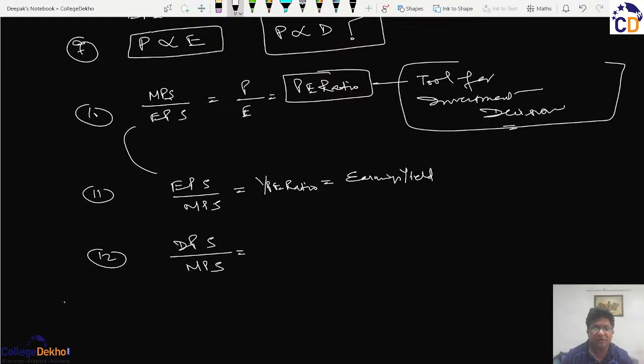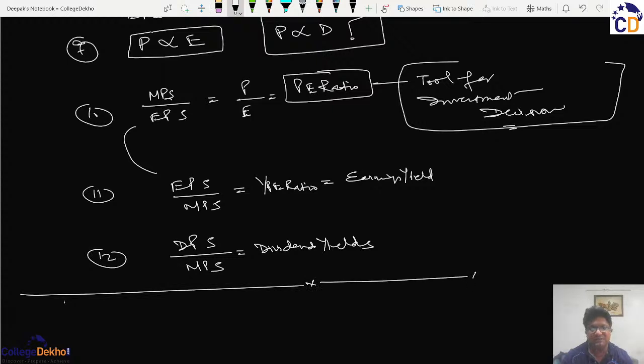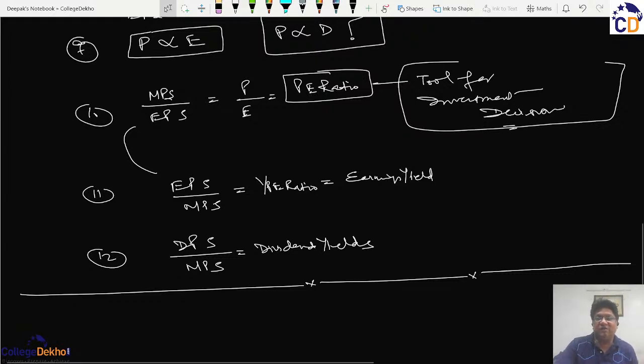And if we relate dividend to the MPS, here we use the word dividend yield. So all these parameters are used to assess the profitability of the business, which helps in the overall EIC analysis to arrive at the fair value of a security under consideration.